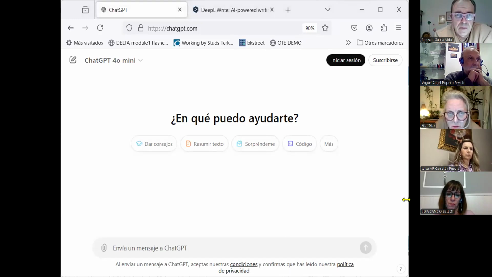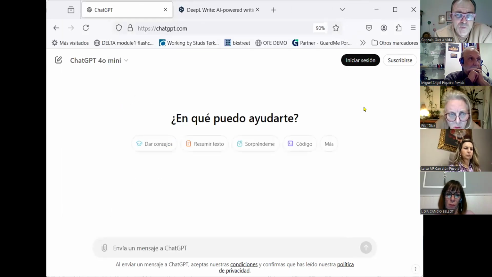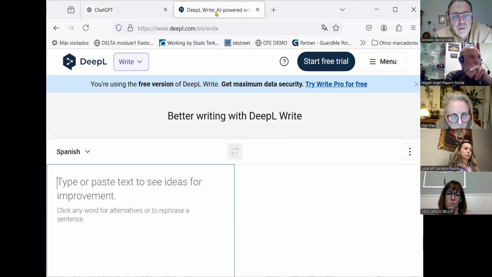Okay. So this is ChatGPT while we'll write in the session. This is the Spanish version. You can write in English or Spanish. It's absolutely fine. And DeepL is this one.